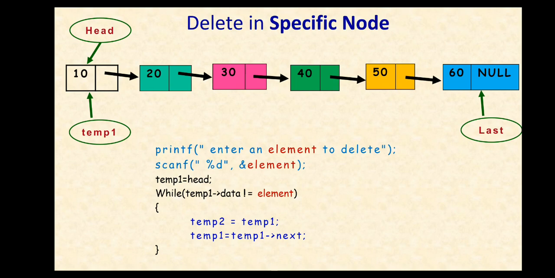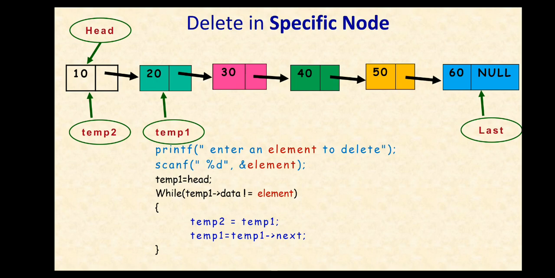Then what is happening? I am assigning temp1 to temp2, means temp2 points to the node which is pointed to by temp1, and temp1 is equal to temp1 next. I wrote temp1 is equal to temp1 next, means temp1 will point to the next node. So temp2 points to the previous node and temp1 points to the next node.